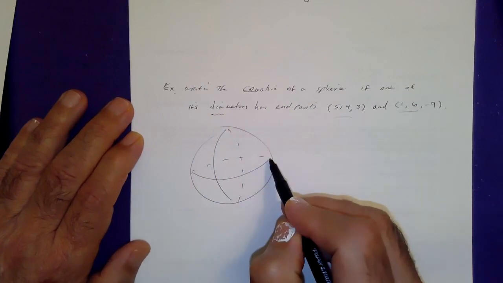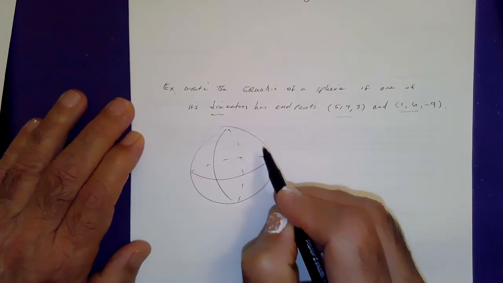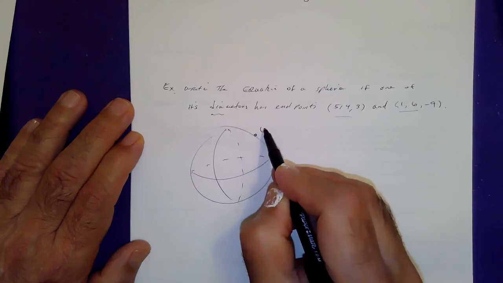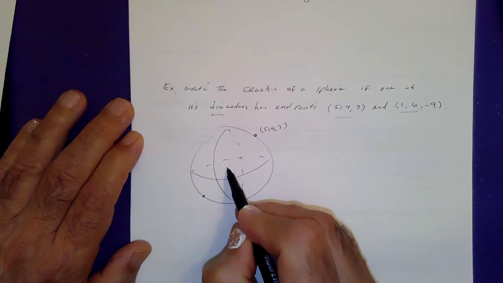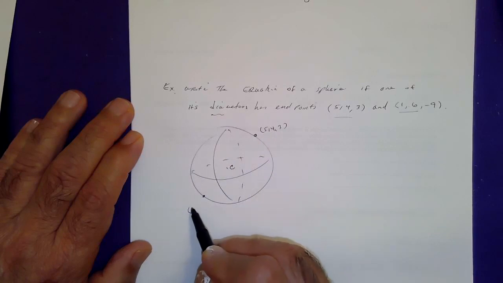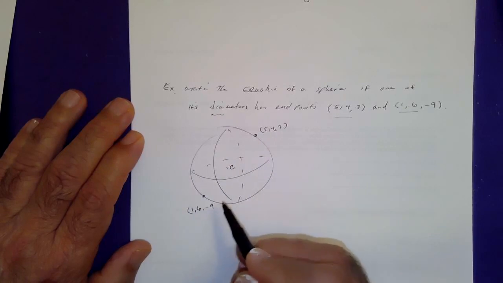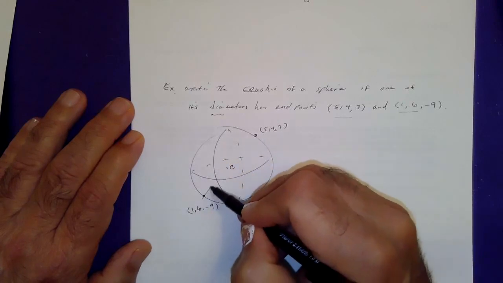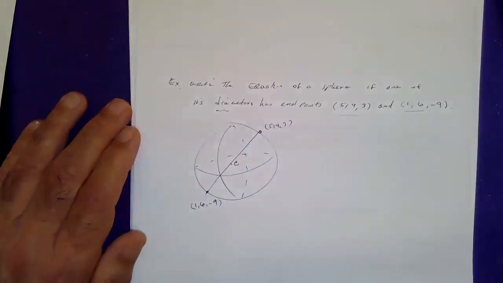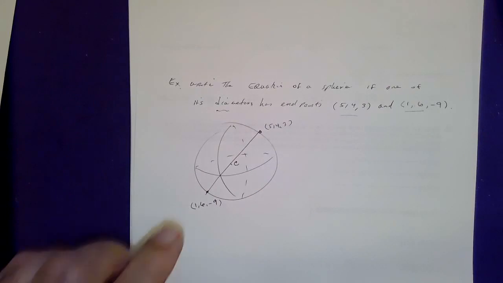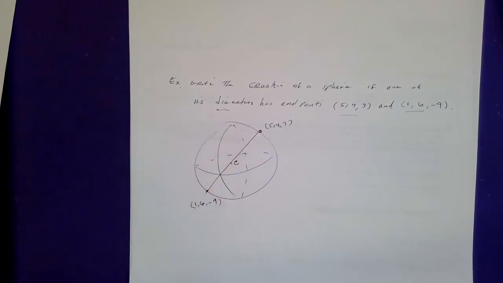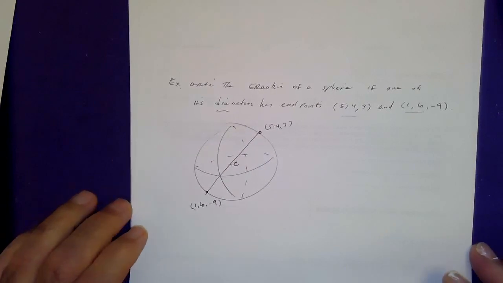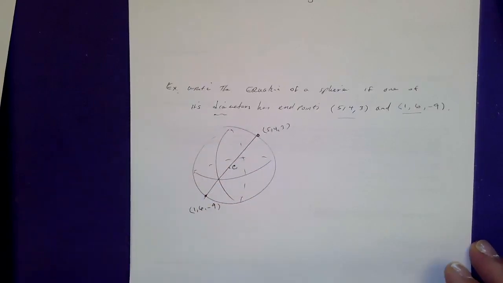Let's say this point is 5, 4, 3, I'm just making this up, and let's say this point is 1, 6, -9, and here's the diameter, correct? A diameter goes through the center and connects two points on the sphere, just like a circle. What's the equation of this sphere?